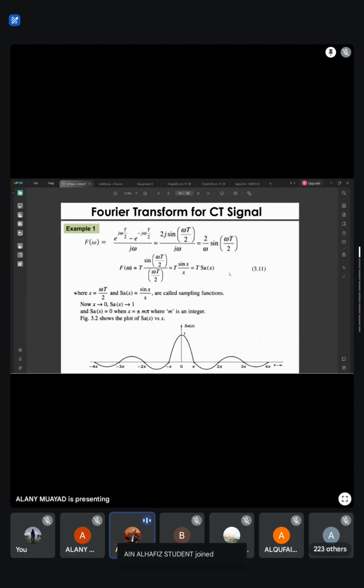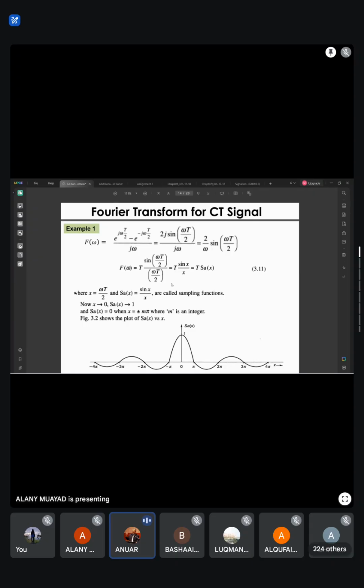So you need to simplify using the Euler function, and then you will get the sine signal. The last one will be T sine x over x, which we call Sa, the sampling function. If your answer goes until T times sine x over x, you will also get the full marks.